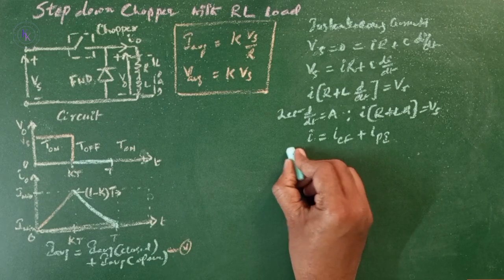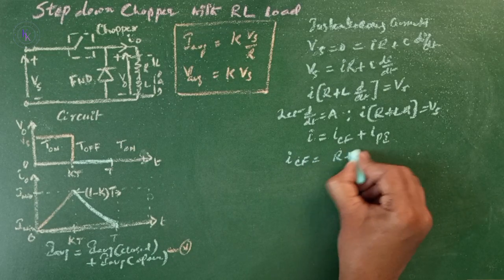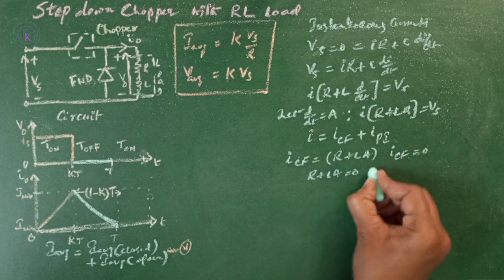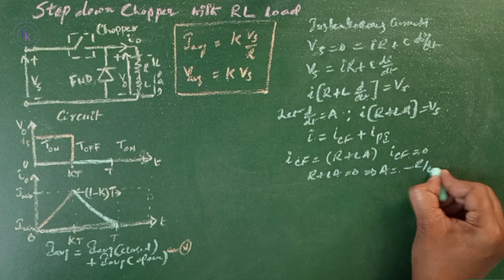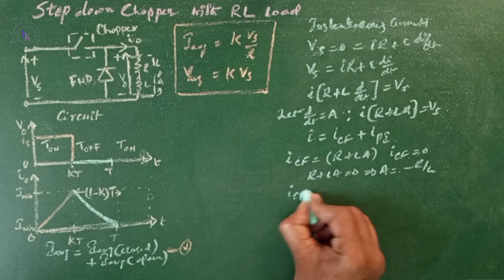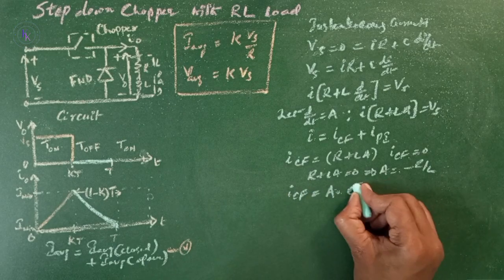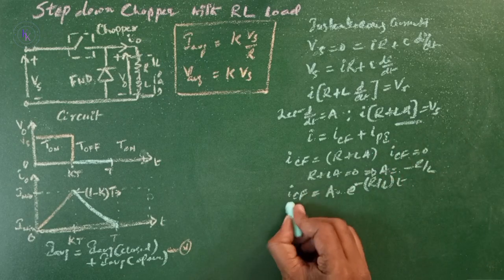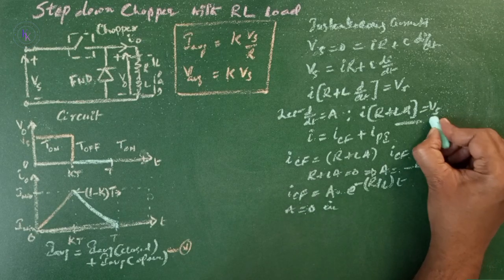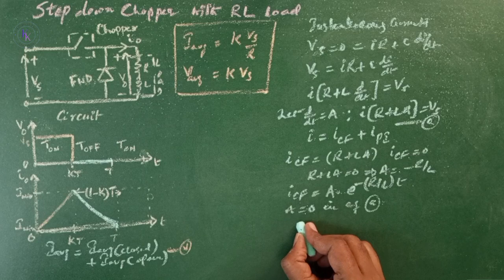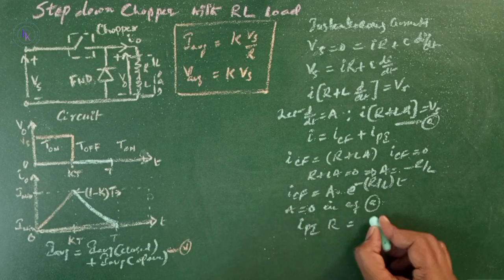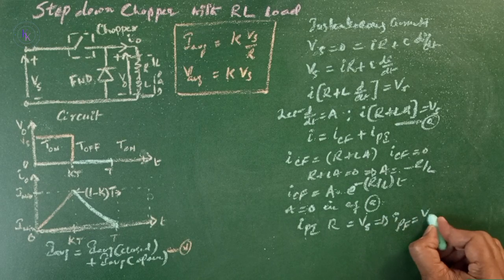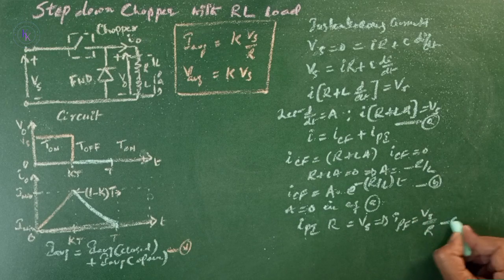Now the complementary function, I CF: R plus LA equals 0, from which A equals minus R by L. Now the standard solution for this is I CF equals A e to the power of minus R by L of T. Substituting A equals 0 in equation A, then we'll be getting I partial integral times R equals Vs. From which I PI equals Vs by R. Let this be P and this be C.